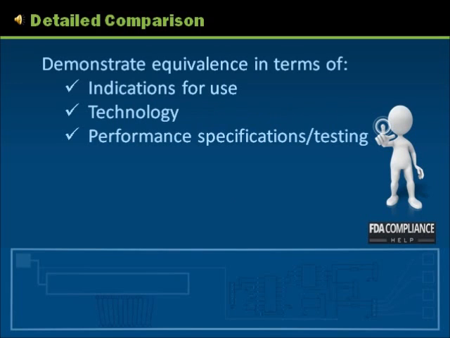You will need to provide a detailed comparison between your device and the predicate in section 12 of your submission. It needs to be sufficient to demonstrate the substantial equivalence of the devices, as applicable, in terms of indications for use, technology, and performance specifications, including testing.